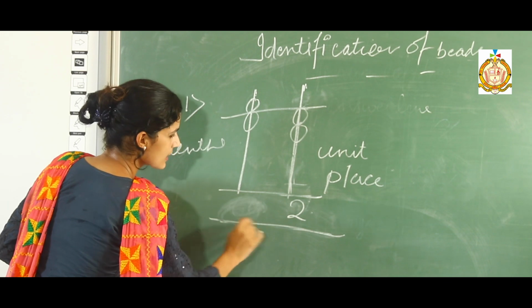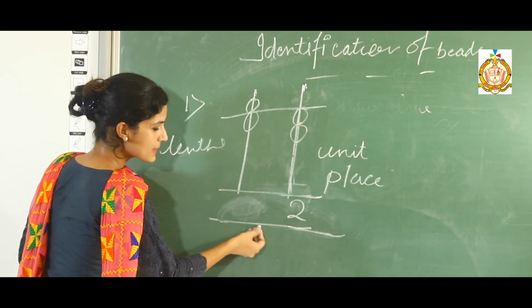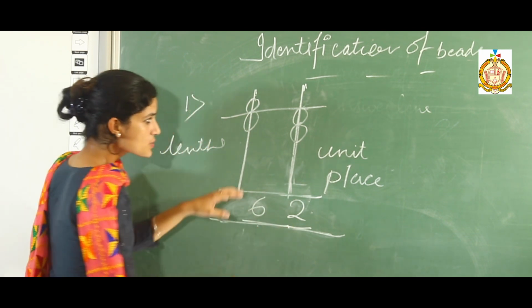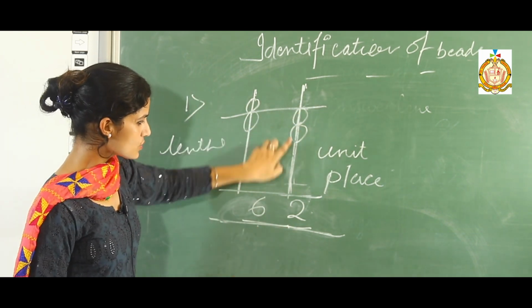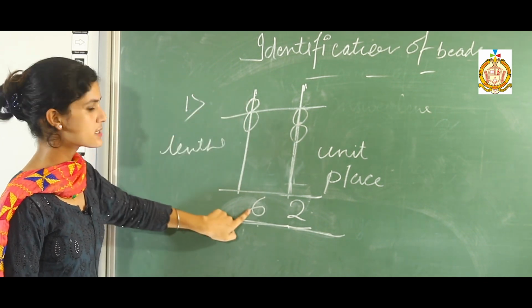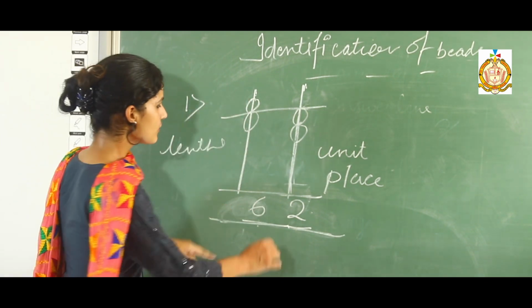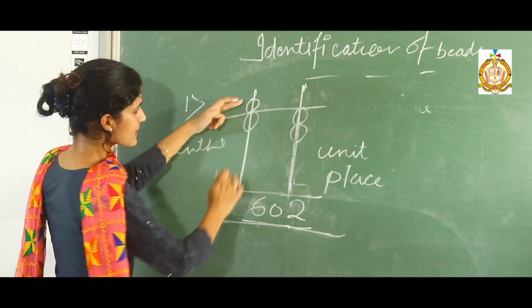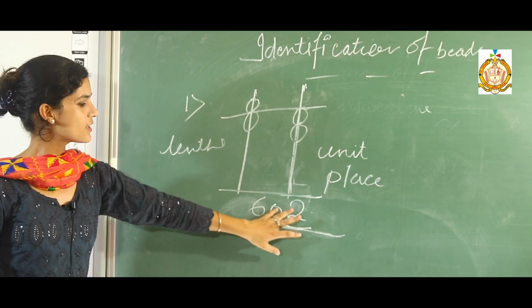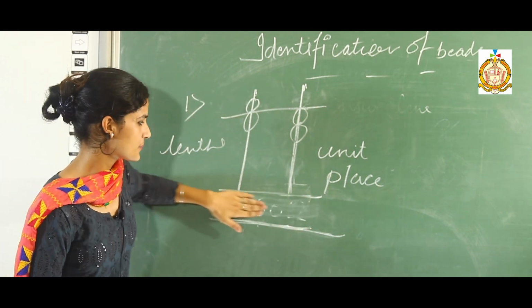That indicates your unit place. After the unit place, the tens place is coming. 60 plus 2, 62 comes. So simply count 1, 2, write 2 here. Then simply count 5 plus 1, 6. 6 right here. Otherwise you will get confused. Means here in the tens place 50 plus 10 is 60. Then you will write here 602. That is a wrong answer.